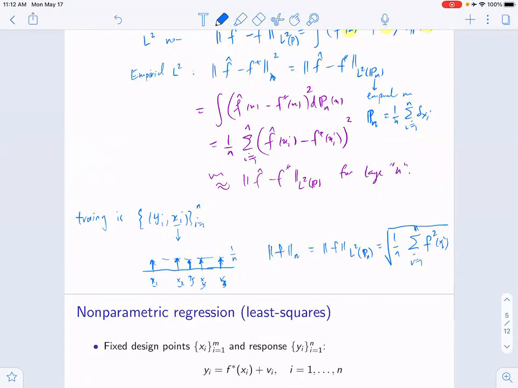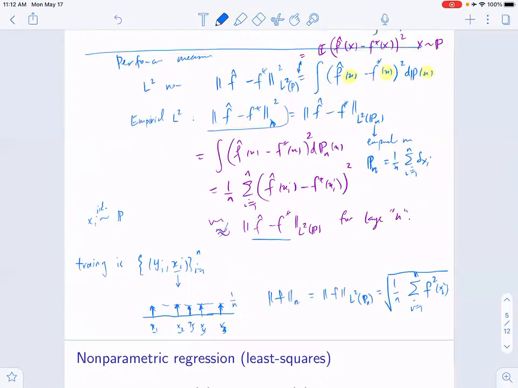So for very large n, if the x_i's are uniform, or the x_i's are drawn independently from p, then this is going to be close to the actual L2 norm. That's by the law of large numbers, or by the uniform law of large numbers. We're not going to worry about this approximation here, so we can just focus on this norm itself.